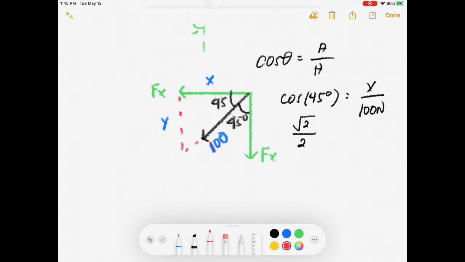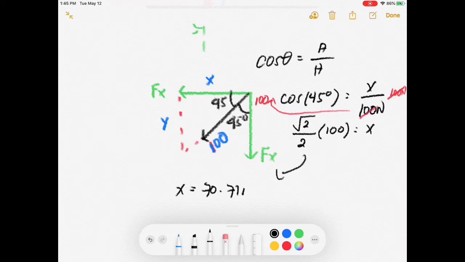Multiply both sides by 100 so it cancels on one side and moves to the other: square root of 2 over 2 multiplied by 100 equals x. So x is 70.71 Newton.